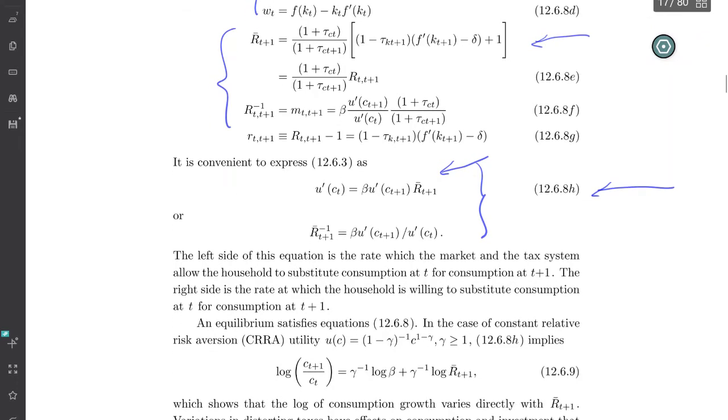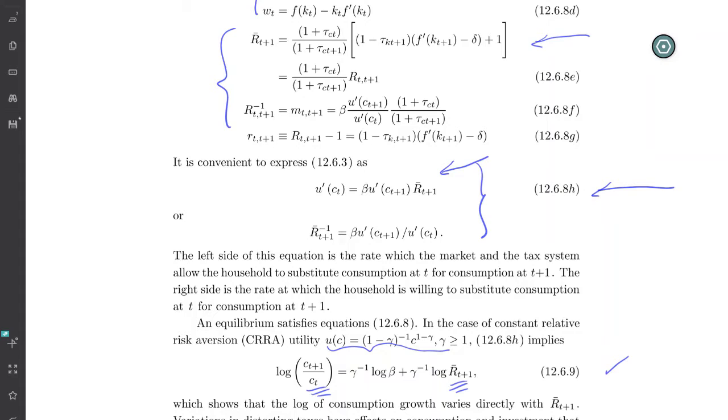It's convenient to take a parametric version of a utility function, a power utility function, and if you do that, you can get this nice expression that tightly links the rate of consumption growth and this gross rate of return on holdings of physical capital, gross rate of return to the household.